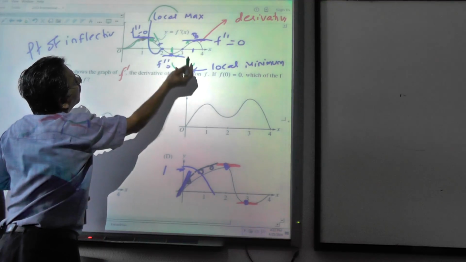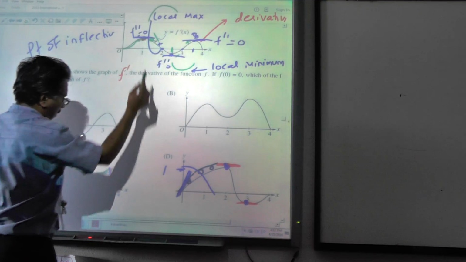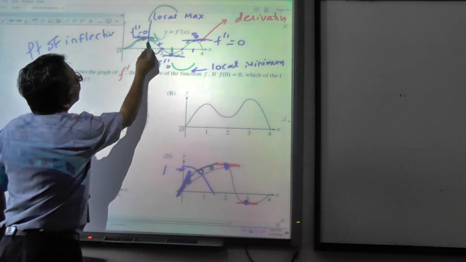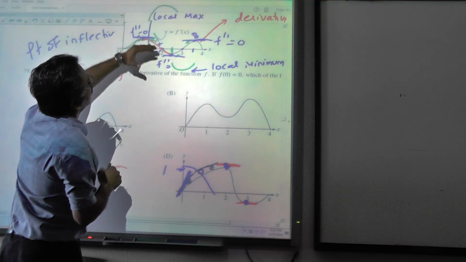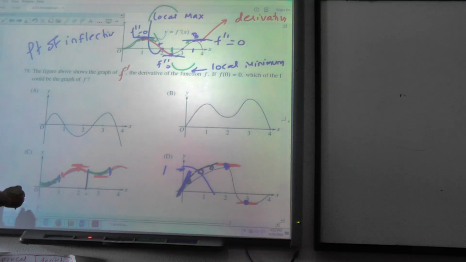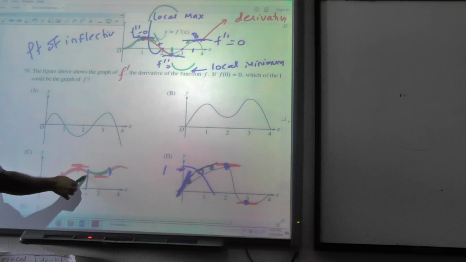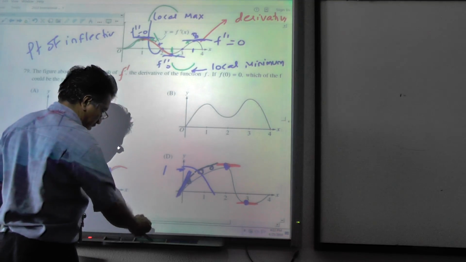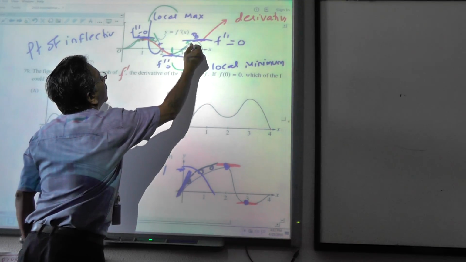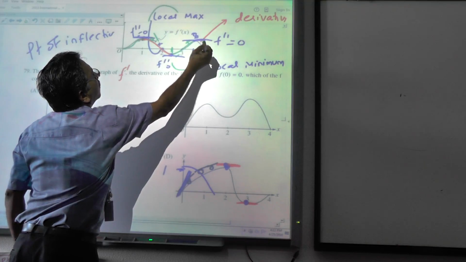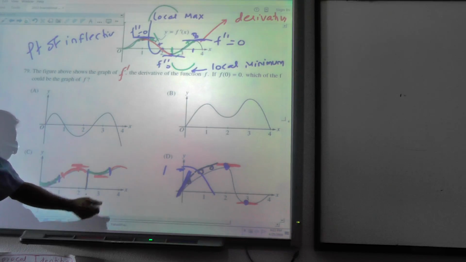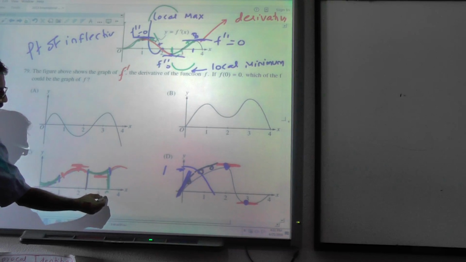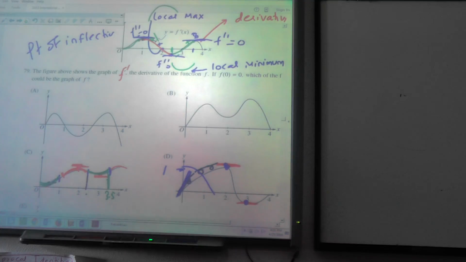If you draw a tangent from here to here, until 2.5, it is negative, so concave down until 2.5. Then from here to here, from 2.5, concave up until 3.5. I hope I made sense to you. Even I spent a lot of time here.